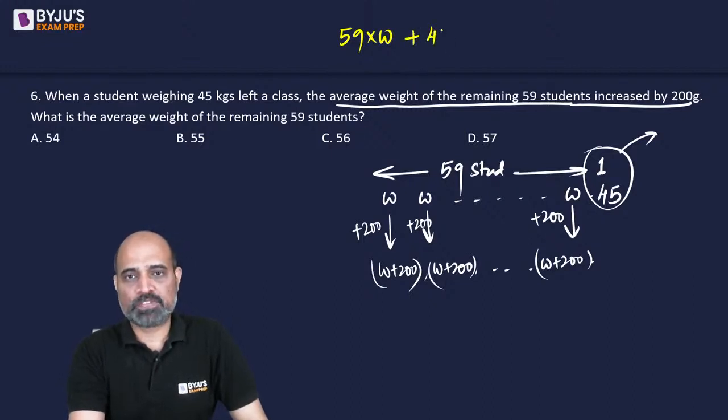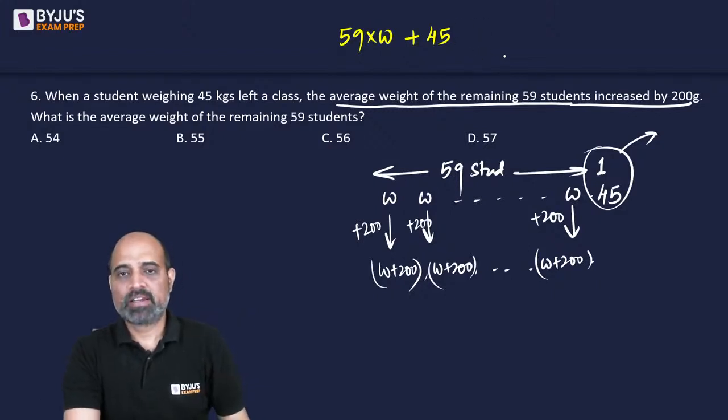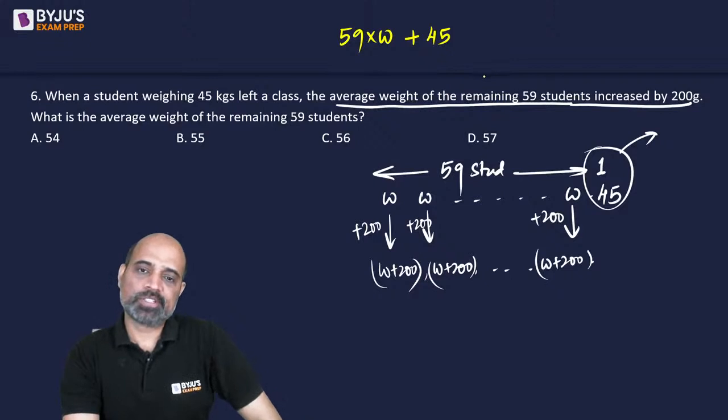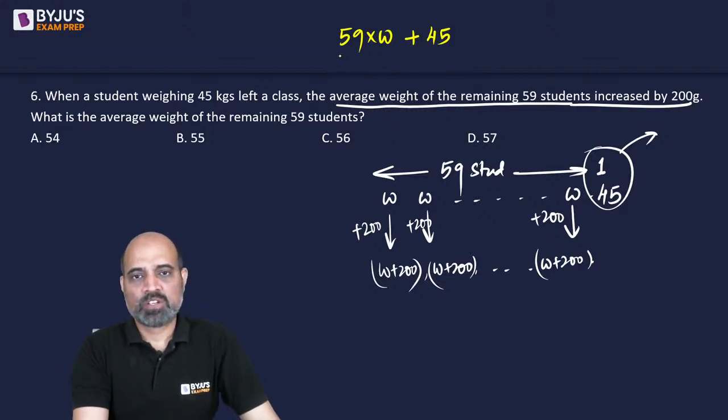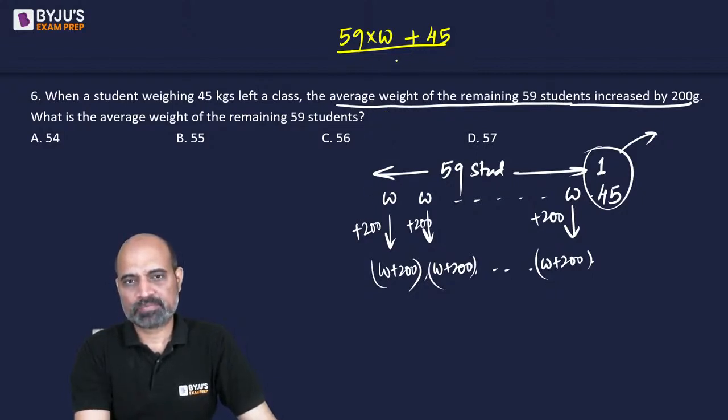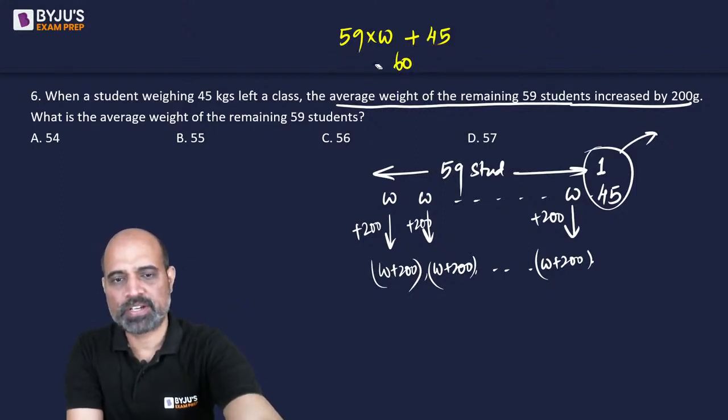And plus 45. ये हमारा total रहा होगा, right? और 59 का ही लेके चले. ठीक है. This is the average weight of these 60 students, right?